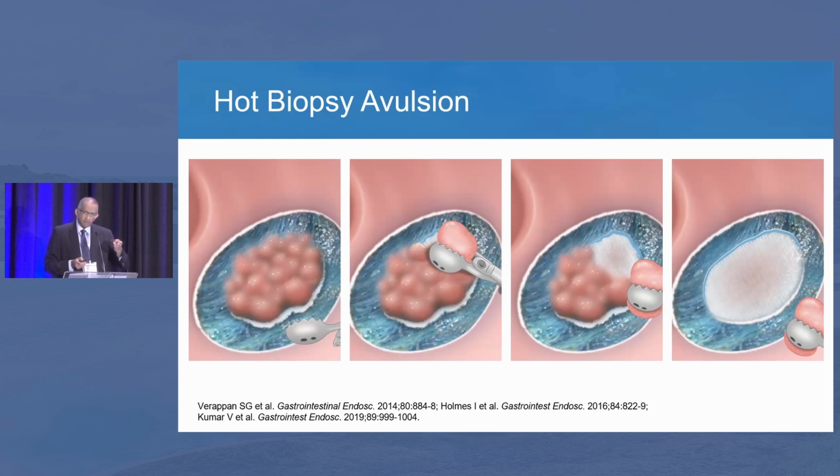After this type of avulsion, if I know that I can clip close the defect, I burn that area additionally with APC. If there are cells there, I'm going to get rid of them.